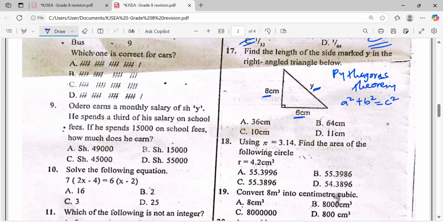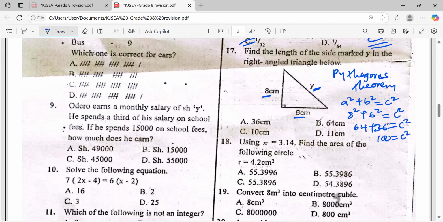So from this one, we have 8 squared plus 6 squared is equivalent to c squared. Are we together? So 8 squared becomes 64, isn't it? Plus 6 squared becomes 36. 64 plus 36 is 100, so 100 is equal to c squared. How do you get c?